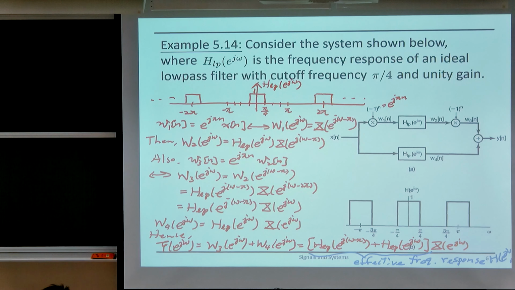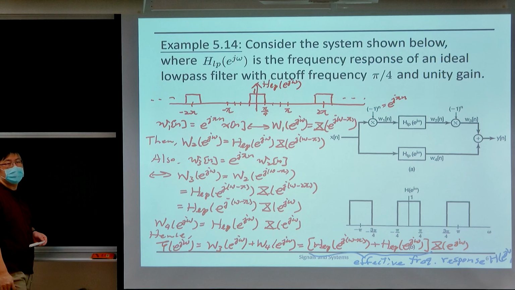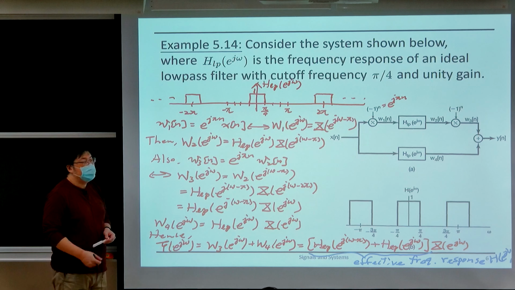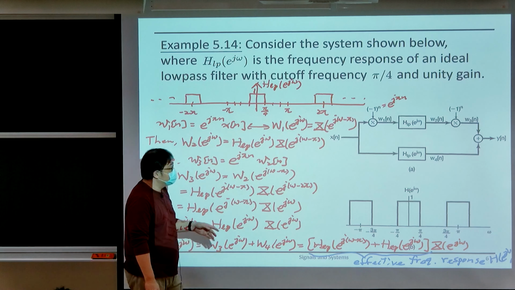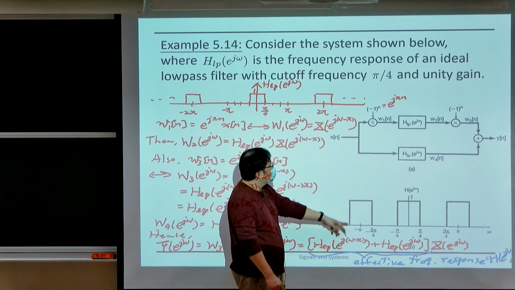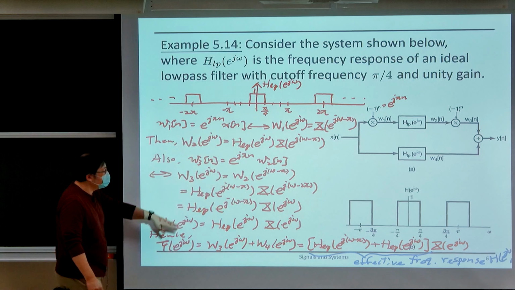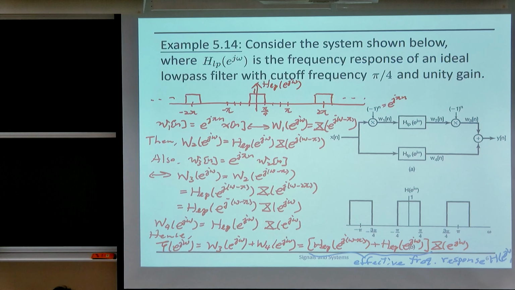Okay, any questions here? So, this outcome, going over this, seems rather straightforward, right?